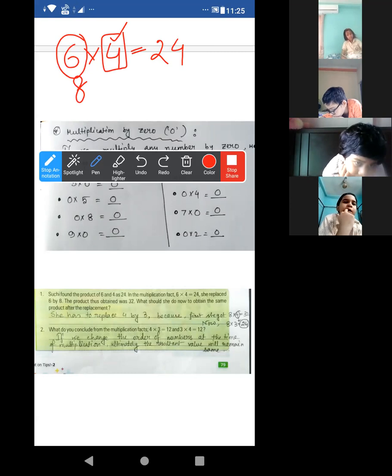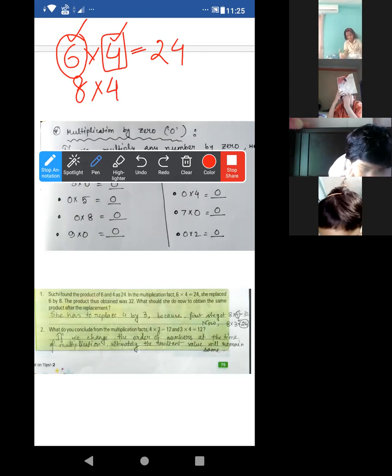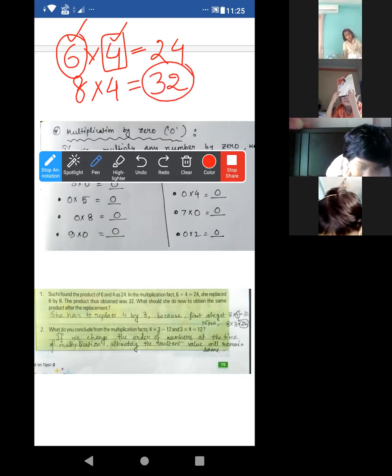Is it clear to all of you? Only she changed the 6 by 8. Now 8 into 4 will be what? 32, no? Yes. So now the answer is 32. Yes or no?